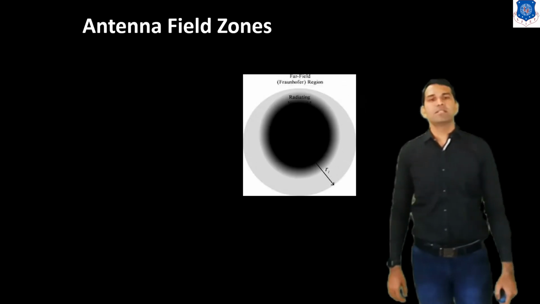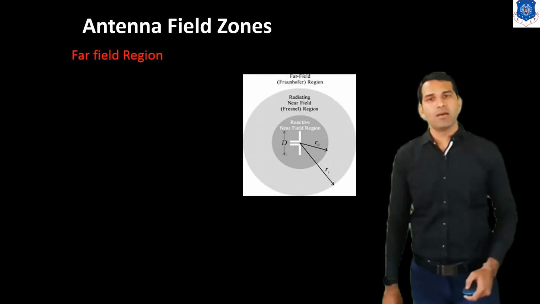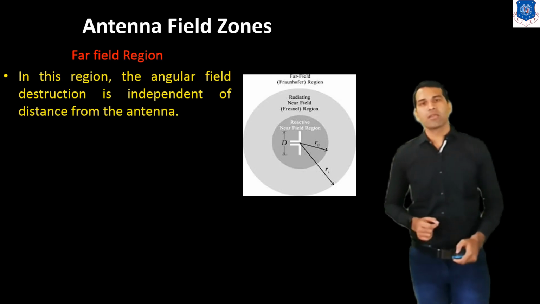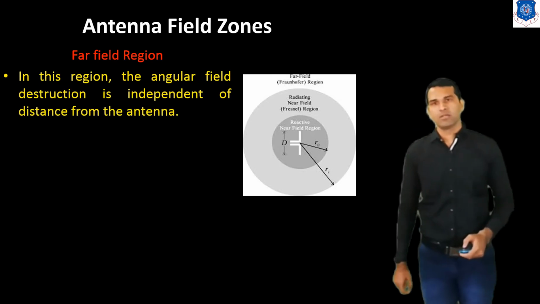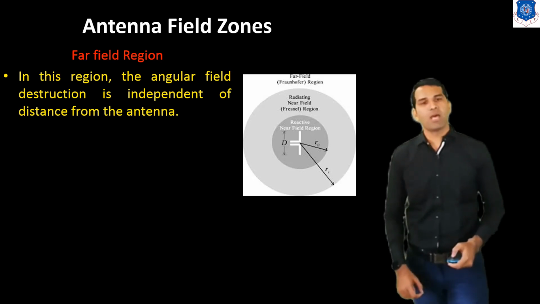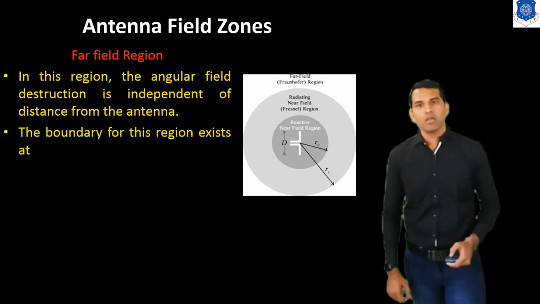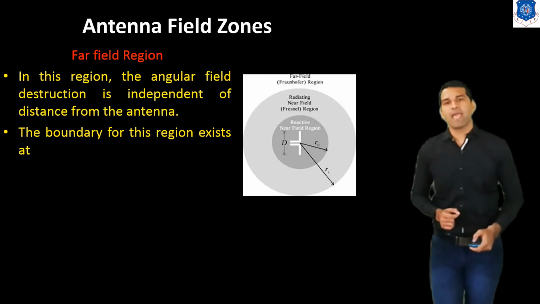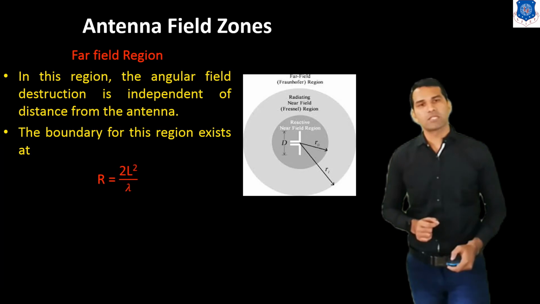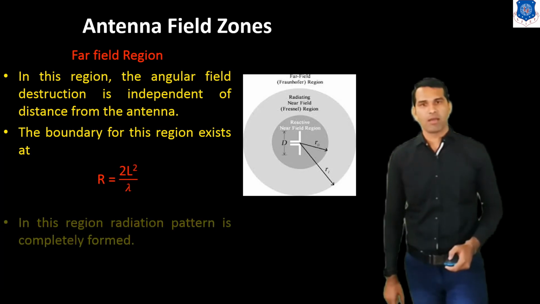The last region of the antenna is the far field region. In this region the angular field distribution is independent of distance from the antenna. The boundary for this region exists at R equals 2L squared upon lambda.